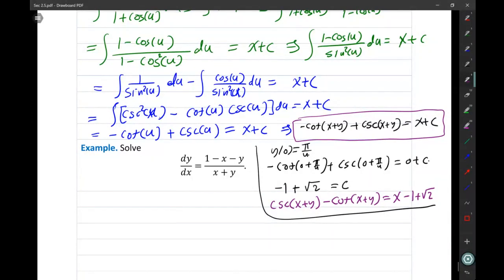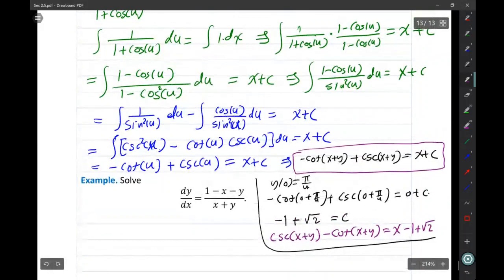And that's all. Is it clear? Any question for this example? All right.